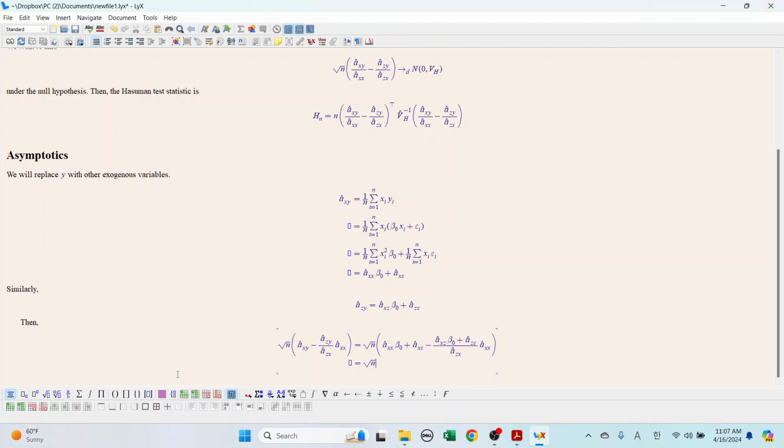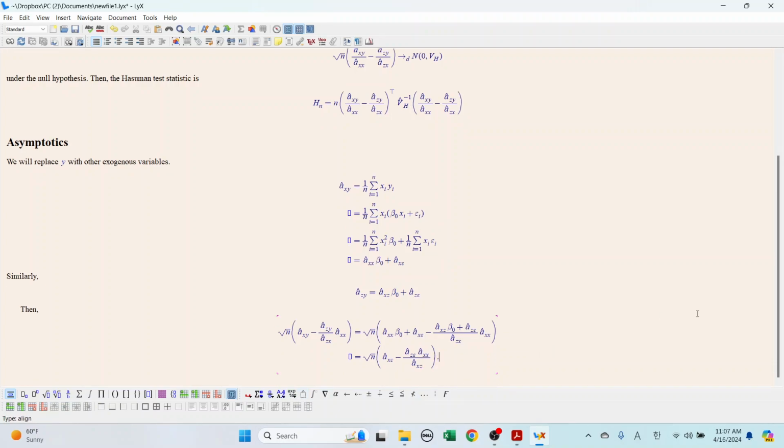In the end, what remains is x epsilon minus z epsilon times xx divided by xz. Zx and xz are the same thing. Okay, so we have this form, and I will move z epsilon separately.